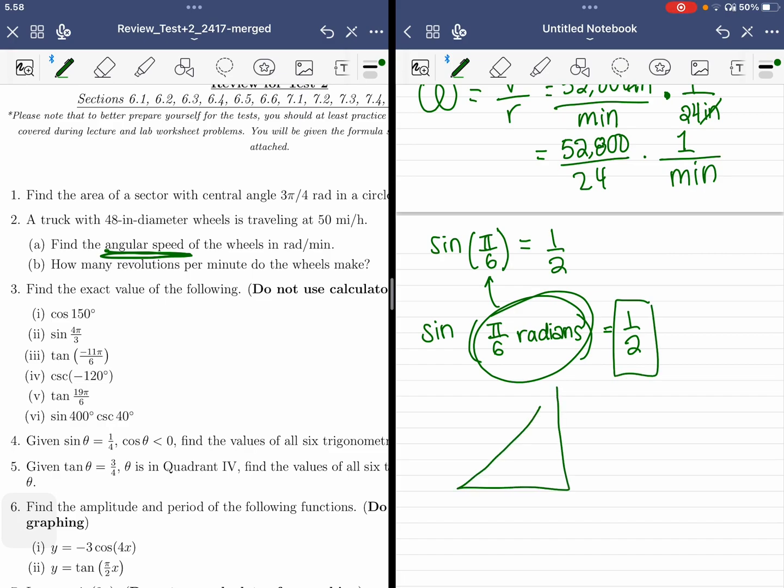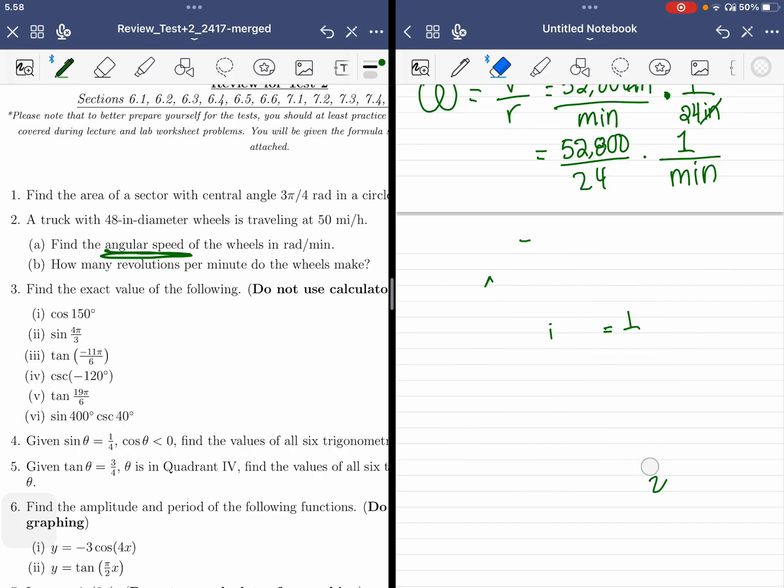When we talk about pi over 6, opposite over hypotenuse, opposite is 1, hypotenuse is 2, right? So sine of that radians is a ratio of these lengths, right? So where does the radians come from? It would come from this value there.